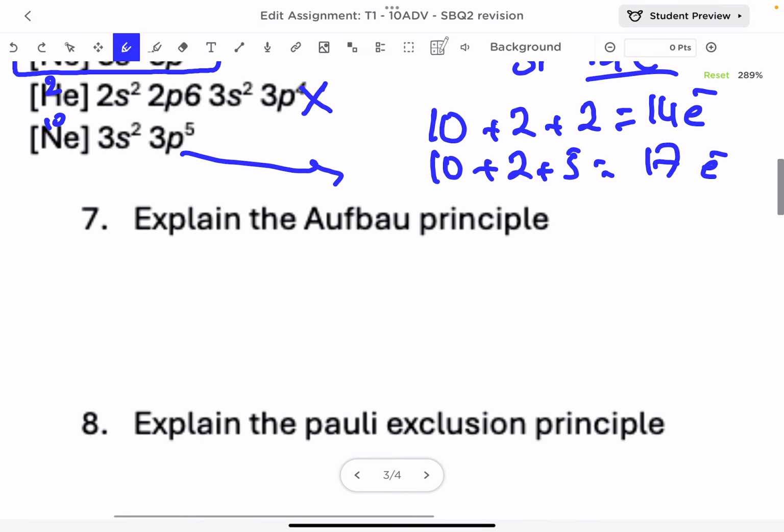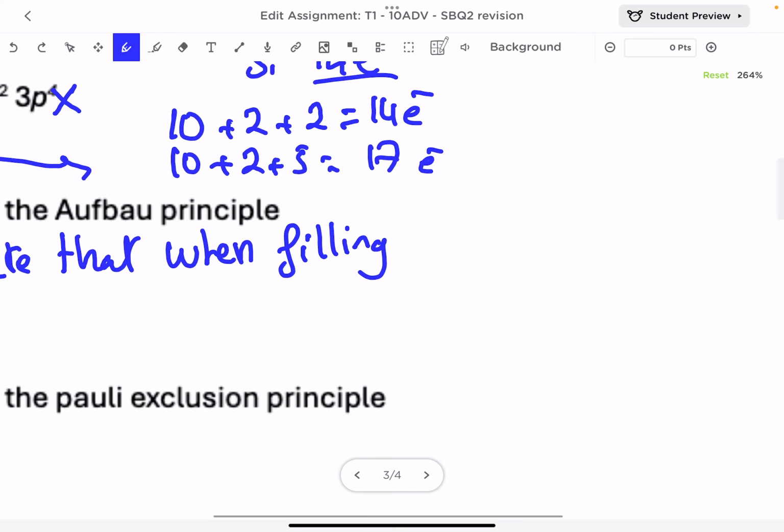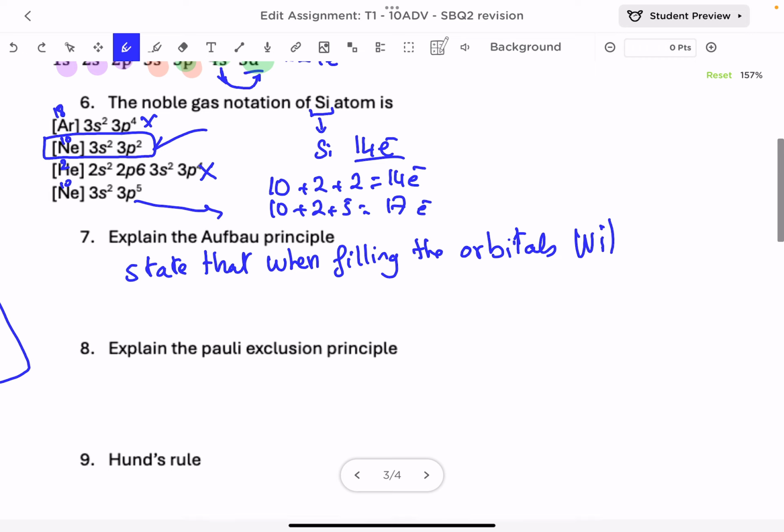So the Aufbau principle states that when filling the orbitals with electrons, you have to be clear in your explanation.